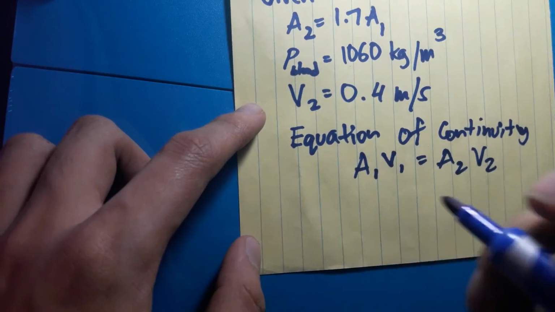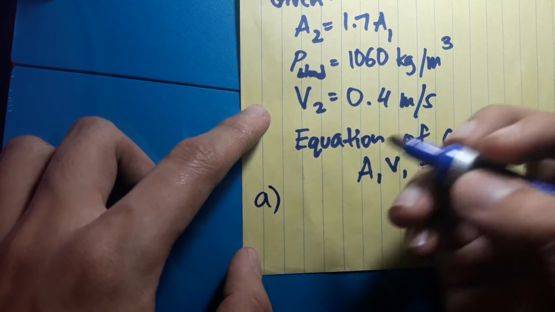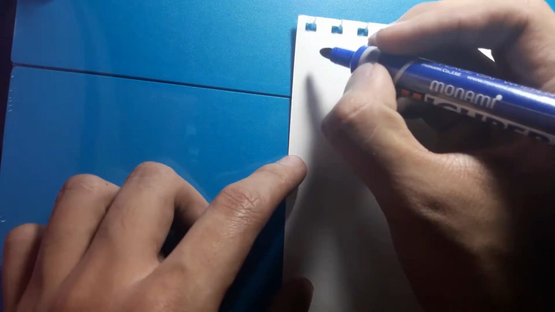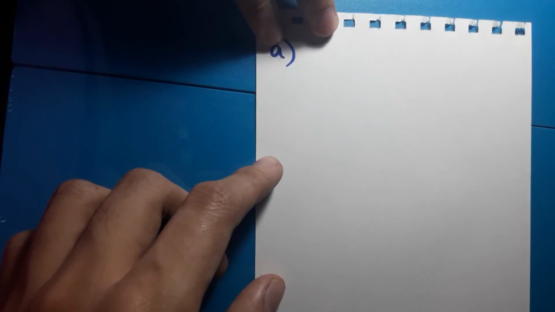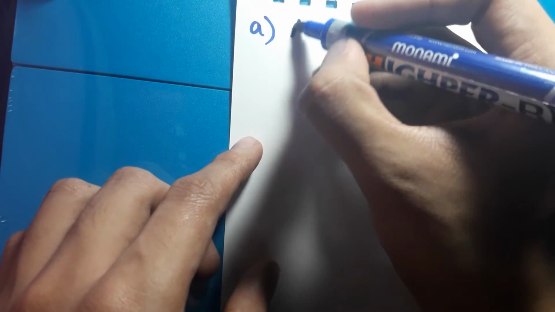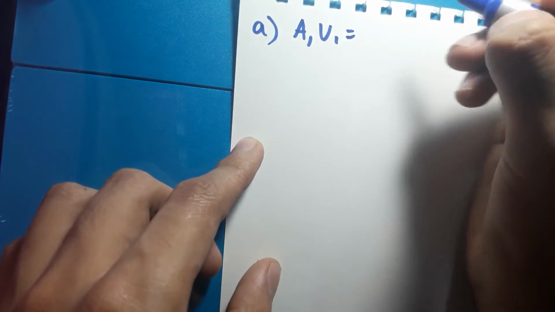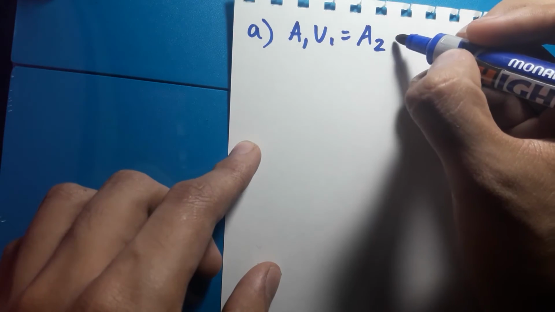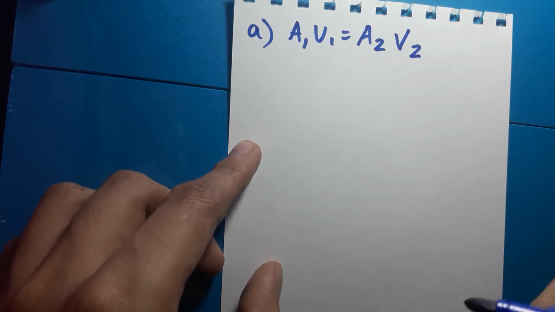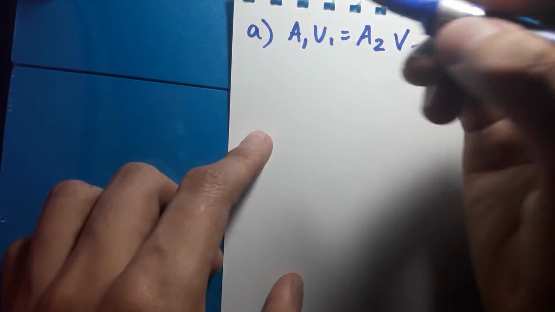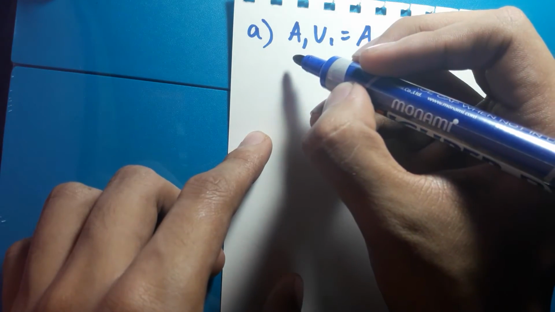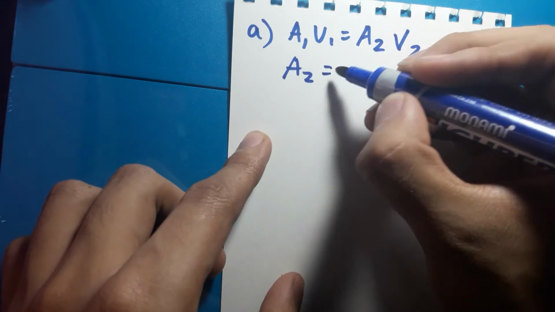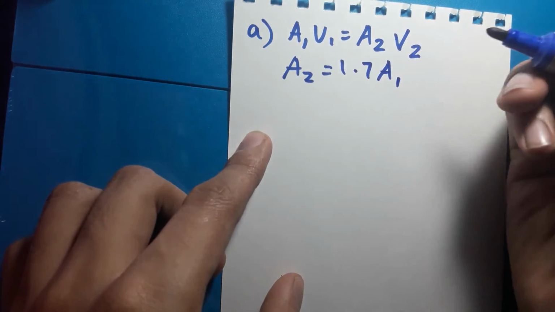To answer letter A, we need to use the equation A1 V1 is equal to A2 V2, and we need to remember that A2 is equal to 1.7 A1.